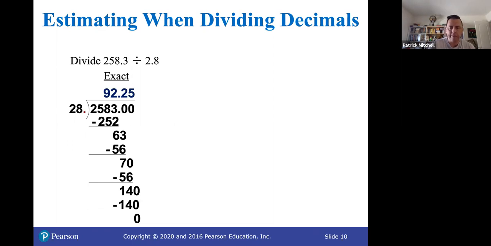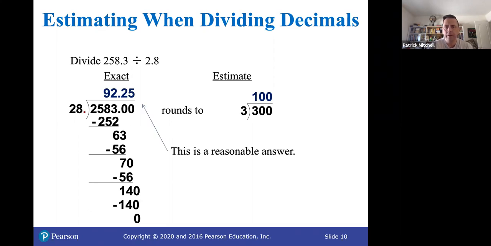Like in this case, they rounded the 2 and 8 tenths to 3. So they rounded it to the nearest whole number. And they rounded 258 and 3 tenths to the nearest 100. So 300, just to make a nice, easy problem. And it's easy to see that 300 divided by 3 is 100. That is reasonably close to 92 and 25 hundredths. So that is a reasonable answer.